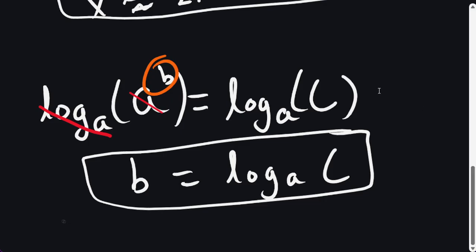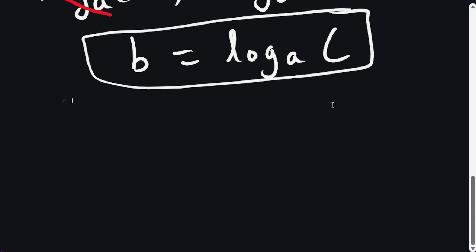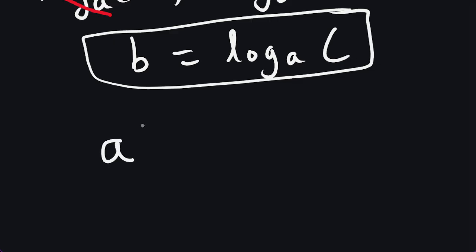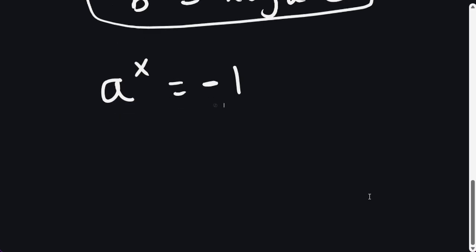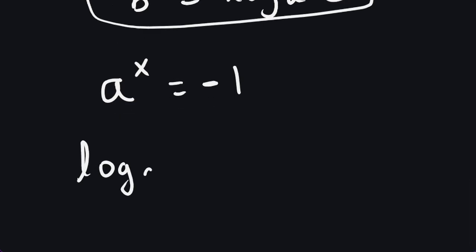And also keep in mind that you cannot take the logarithm of a negative number. So, for example, if you had this equation, a to the power of x equals -1, and you were to rewrite it as a logarithm, this would be log base a of -1 equals x. So x is undefined.